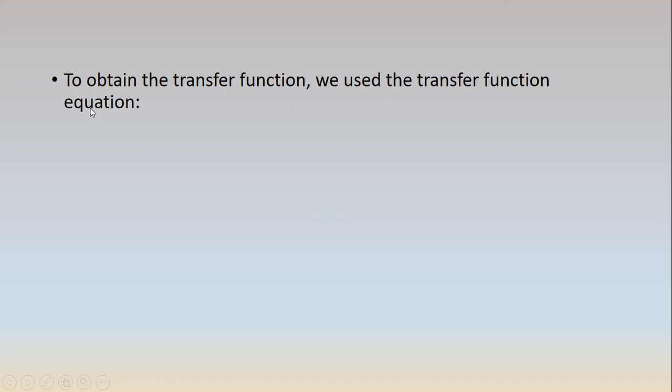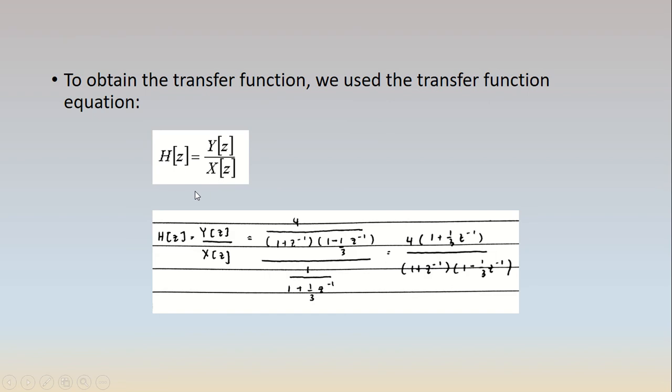Okay, next, to obtain the transfer function of the LTI system, we use the transfer function equation, which is H(z) equals Y(z) divided by X(z). We know that Y(z) is equal to this, as in the previous answer, and X(z) is equal to this.